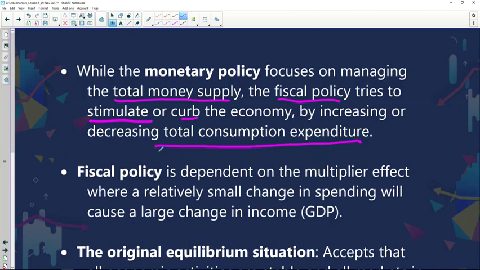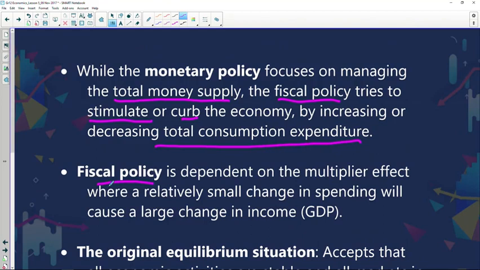This actually distinguishes between these two policies, because students often get confused between them. The monetary policy will focus on the total supply of money, and the fiscal policy will try to stimulate or curb the economy by increasing or decreasing the total consumption expenditure.